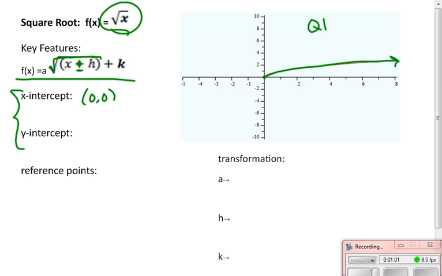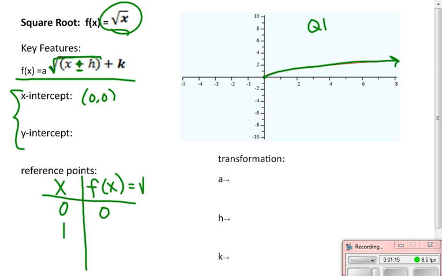So some key reference points of our parent, if we look at a table of values, if we put 0 in, we get 0 out. If I put 1 in, the square root of 1 is 1. If I put 4 in, square root of 4 is 2.